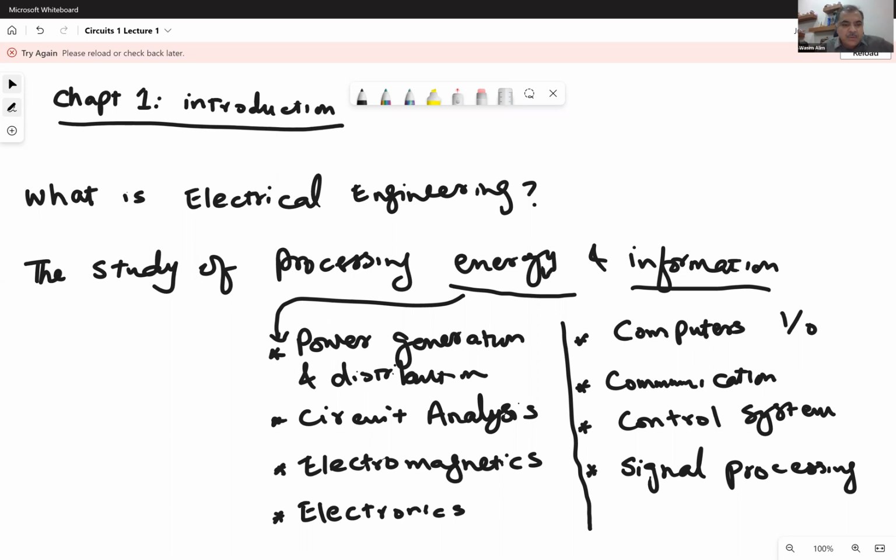My screen has frozen for me. Let me just see. I think I should start using OneNote. I think it's probably a better, more stable tool.